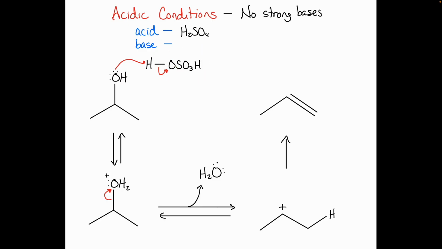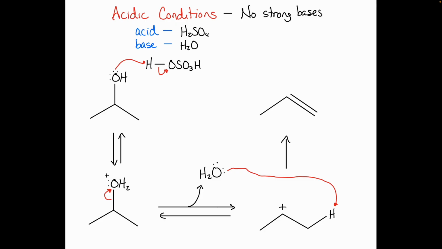There's actually an even better one out here, and that is the water molecule itself. We can use a weak base like water. And so that's what we're going to do. We're going to grab that proton. If you reformed your sulfuric acid catalyst, I don't think that's the worst thing in the world. But truthfully speaking, if you looked up the pKa's and such, water is a better base.